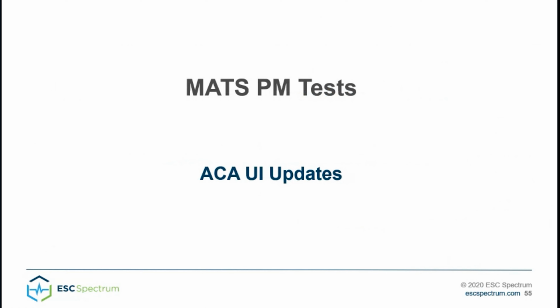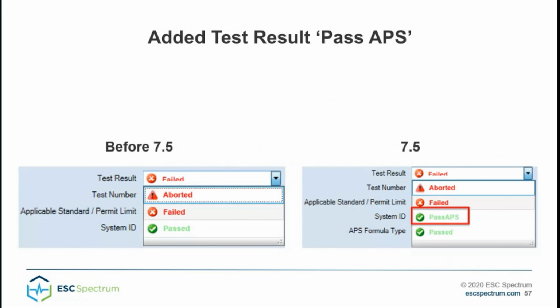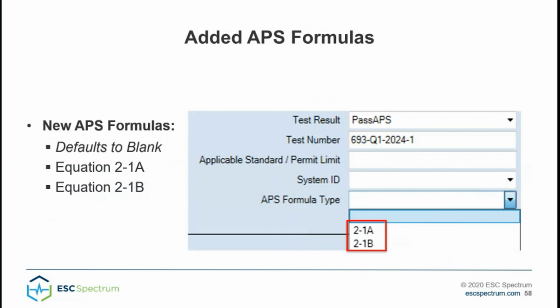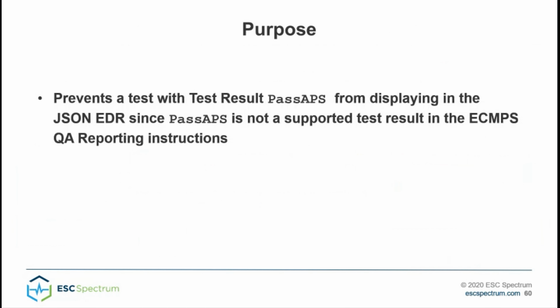ACA UI updates. So we needed the ability to have a new result code of pass APS. So we needed to add that test result and new related formula types. And then for PM correlation tests, we disabled the reporting in the EDR when this result code is configured.